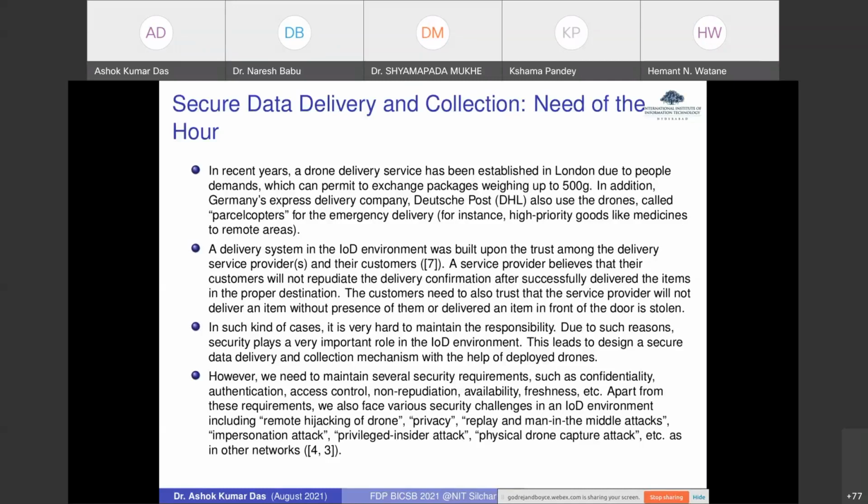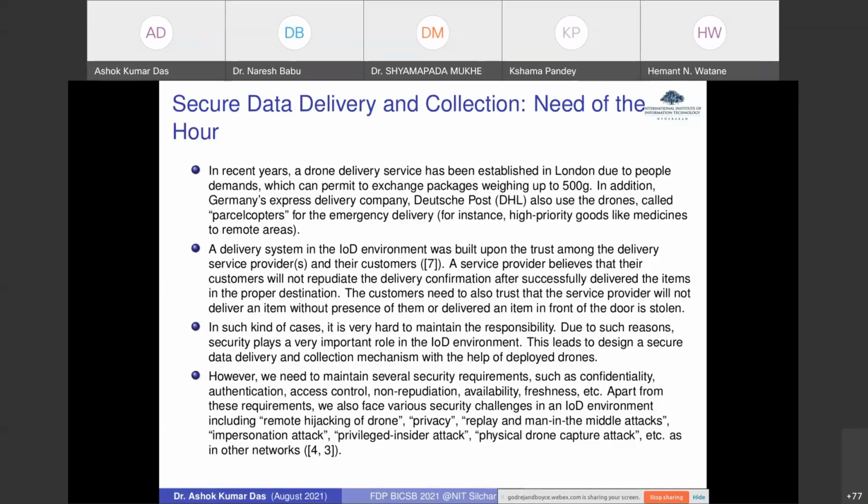So the service provider assumes that their customer will not repudiate or commit fraud on the delivery confirmations after the items are successfully delivered to their proper destinations. On the other hand, the customer also needs to trust that the service provider will not deliver an item without their presence, or deliver an item in front of the door where it is stolen.